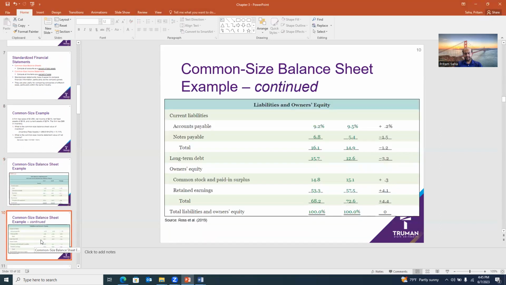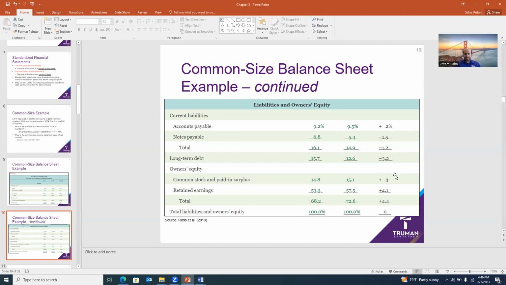Now this is the liabilities and ownership side. You can see accounts payable increased very marginally, and there was a drop in notes payable. Maybe they paid the debt over the year. Long-term debt also dropped, because maybe they paid the debt.